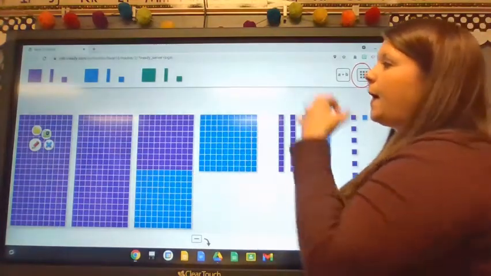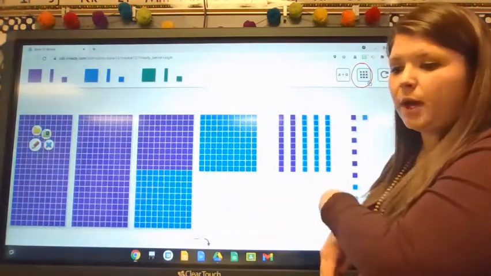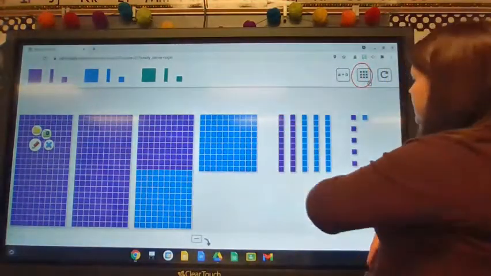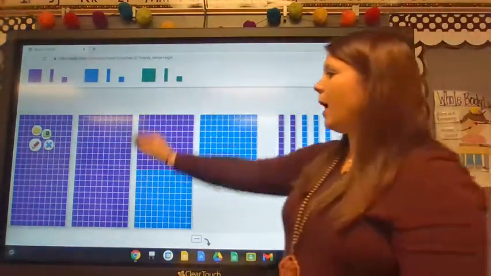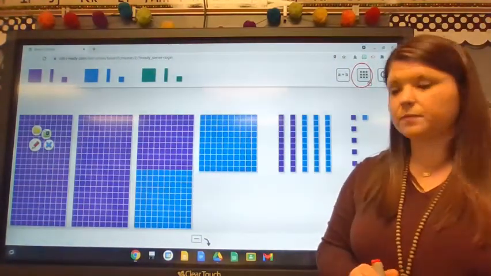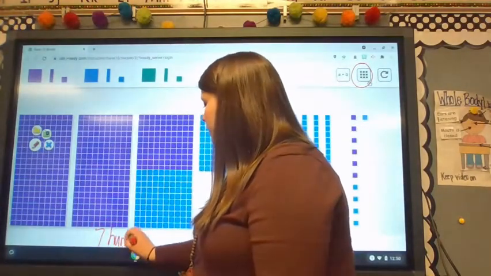So now that I have 526 made and 235 made, I can combine my hundreds, combine my tens, and combine my ones. So how many total hundreds do I have here? I have 7 hundreds.